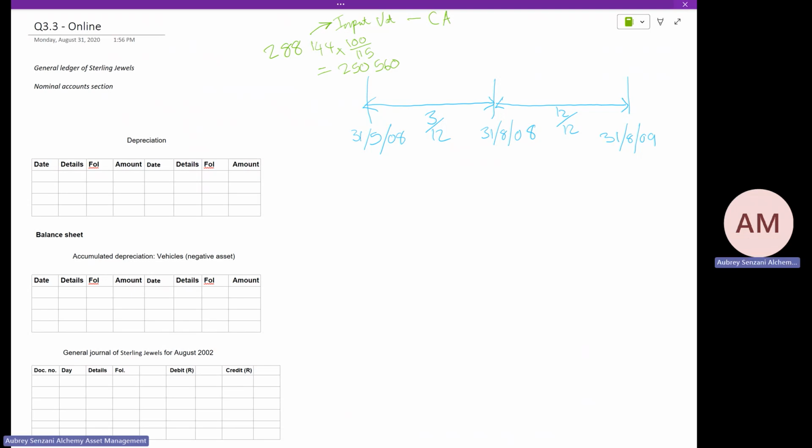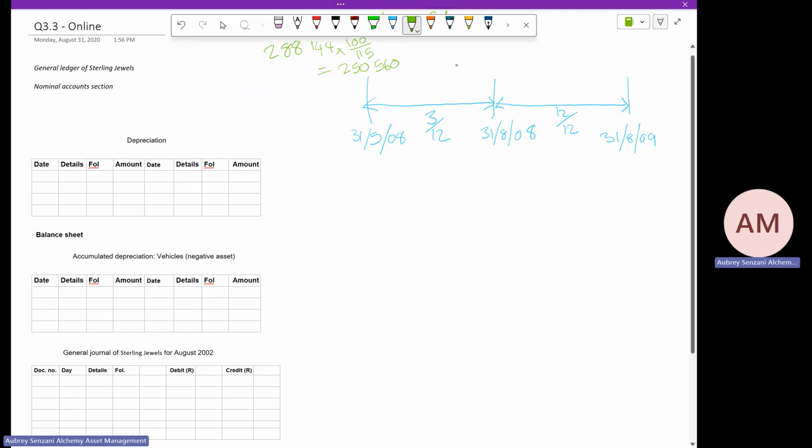So, without further ado, we have two periods that we are calculating depreciation for. We're going to call this first one A, and then the next one is B. You do yourself a favor by just doing the calculations first before actually taking the time to record transactions.